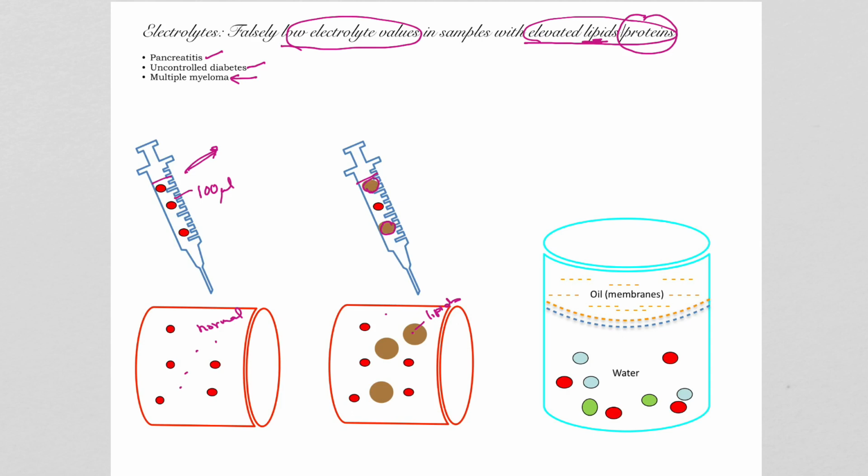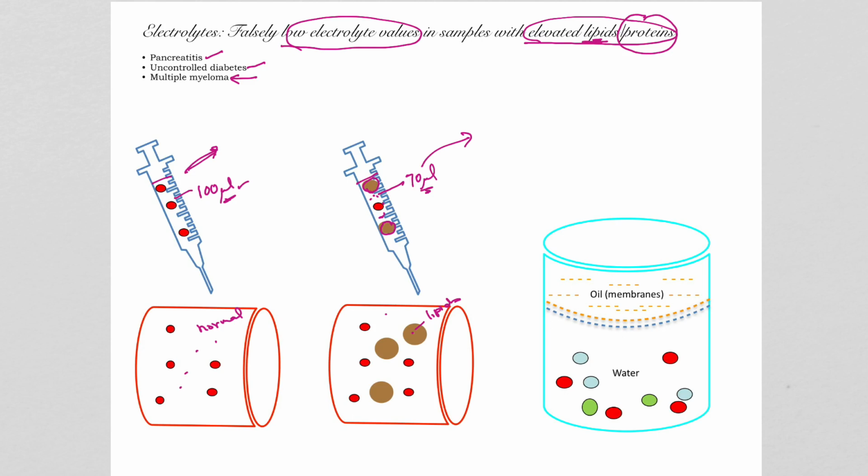So this water part here is not 100 microliters. It might become, just an estimate, let's say 70 microliters. So the analyzer is going to measure only what's in this 70 microliters, not in that 100 microliters.